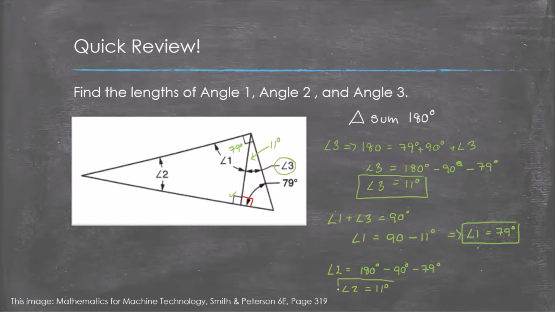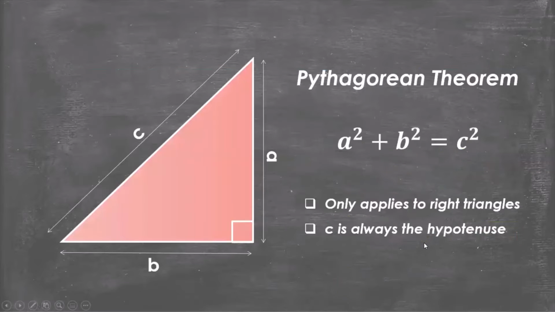So that's just reviewing the property of triangles in the context of the sum of all of the angles in a triangle will always equal 180 degrees. You're going to come back and you're going to use that on a regular basis. Now let's go forward with Pythagorean theorem. So just a quick reminder, Pythagorean theorem is the formula a squared plus b squared equals c squared.